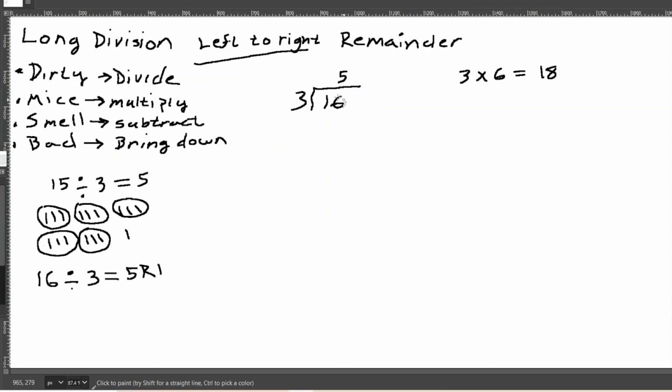So if I think about this, let me try to encapsulate this. 16 divided by 3, I've told you can write it as 3 times a blank equals 16. Well, I can't write this as 6, right? That's too much. It's too many pieces. I don't have enough candy for that. That actually equals 18, right?